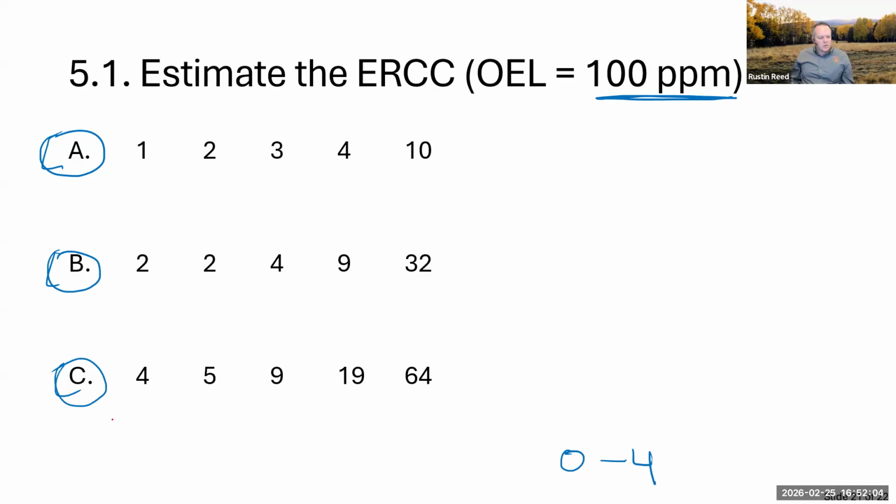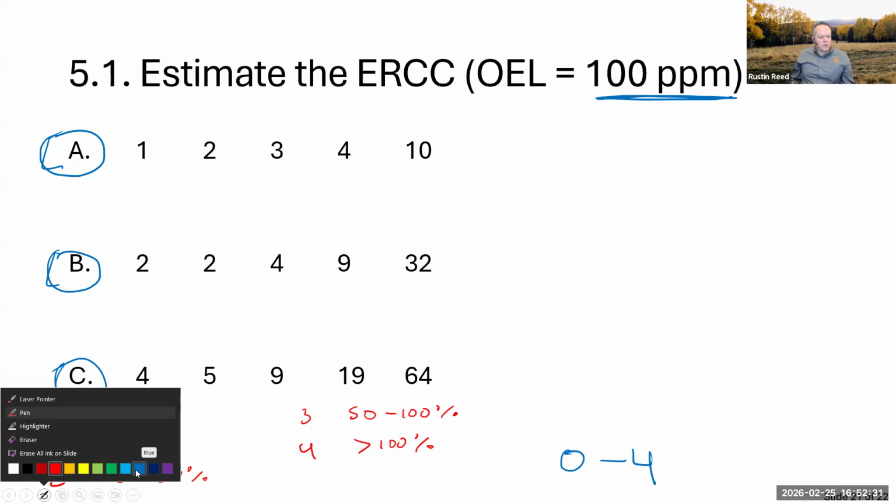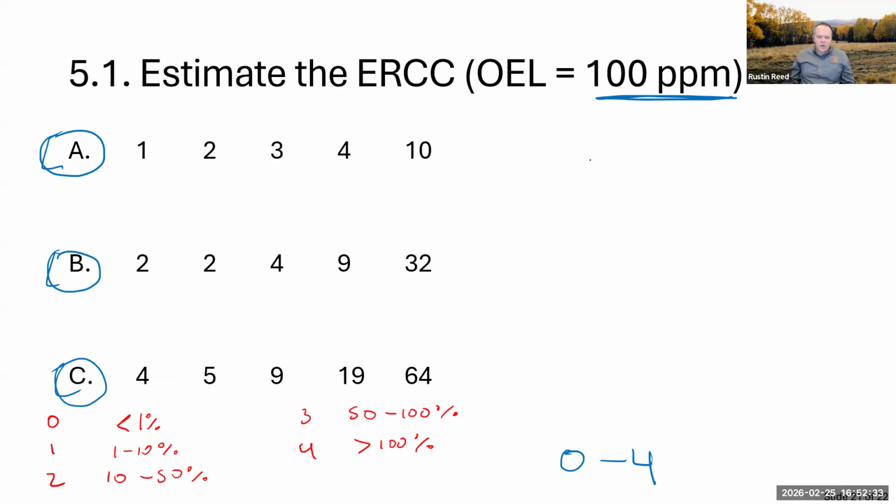But we have less than 1%, 1 to 10, 10 to 50, and for our multipliers, I also forgot about those.